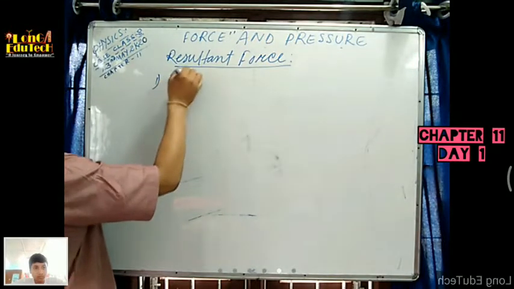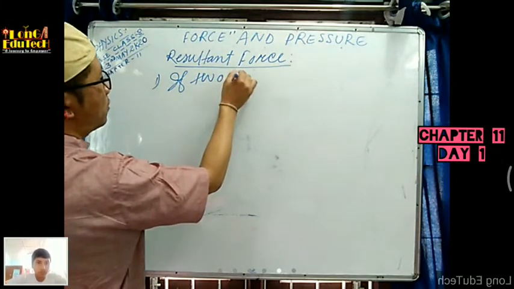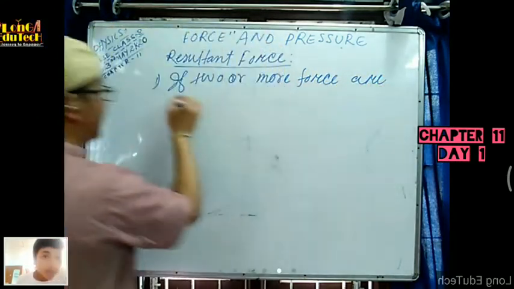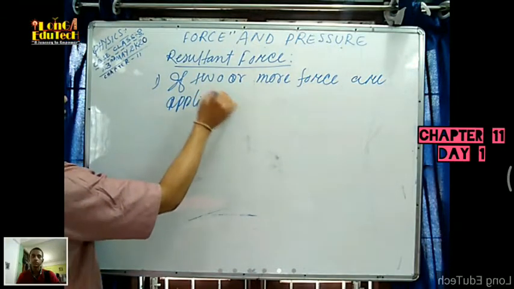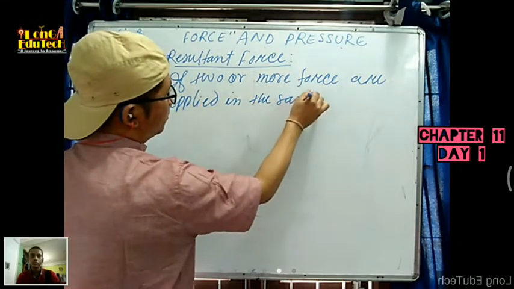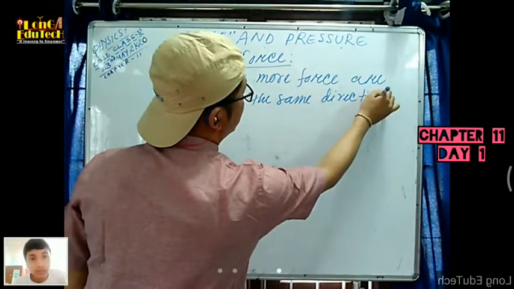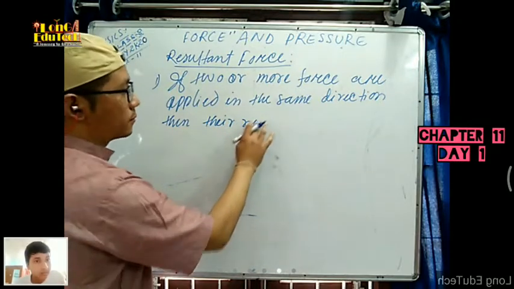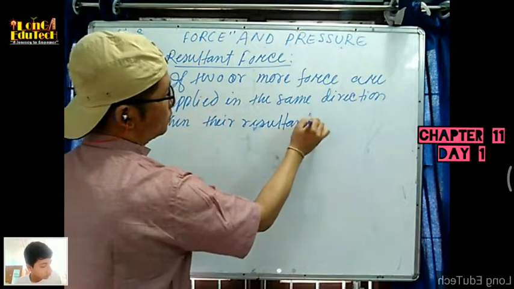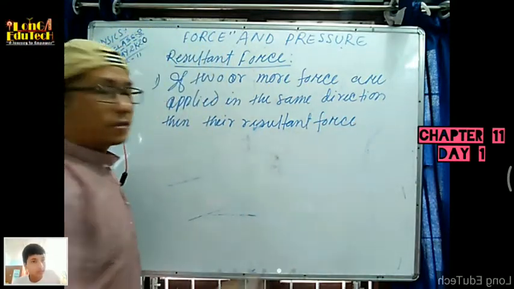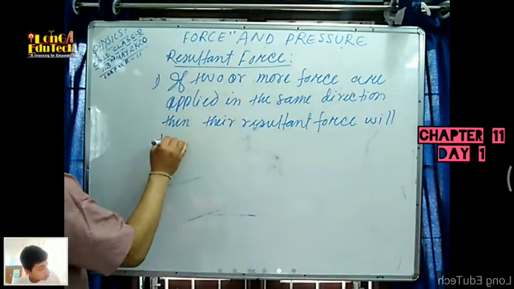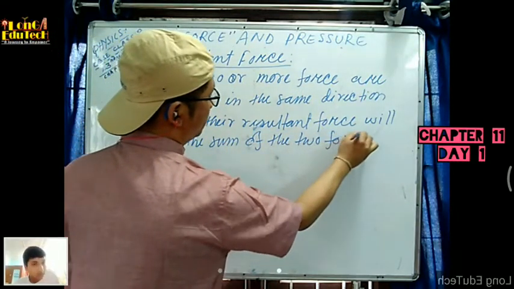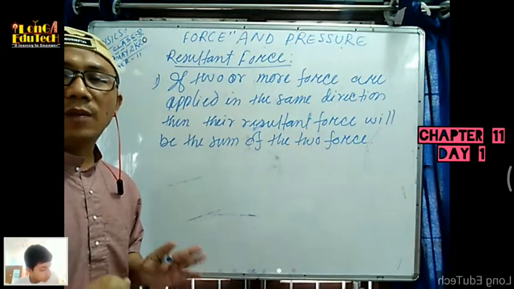Number one: if two or more forces are applied in the same direction, then their resultant force will be the sum of these two forces. Their resultant force will be the sum of the forces.